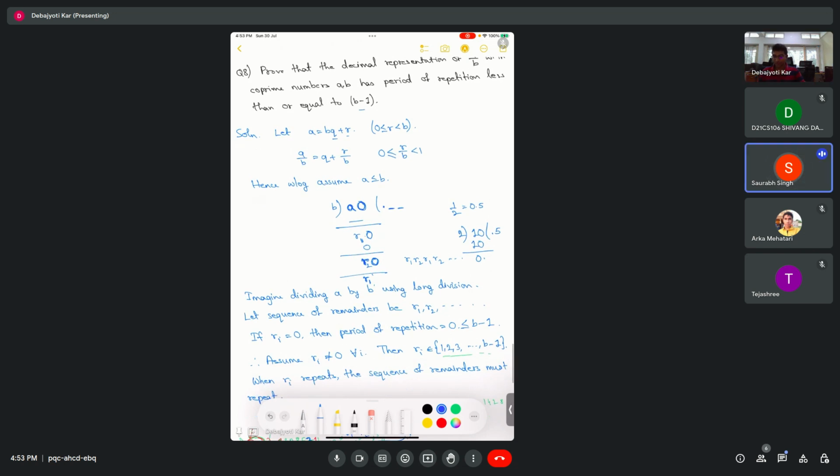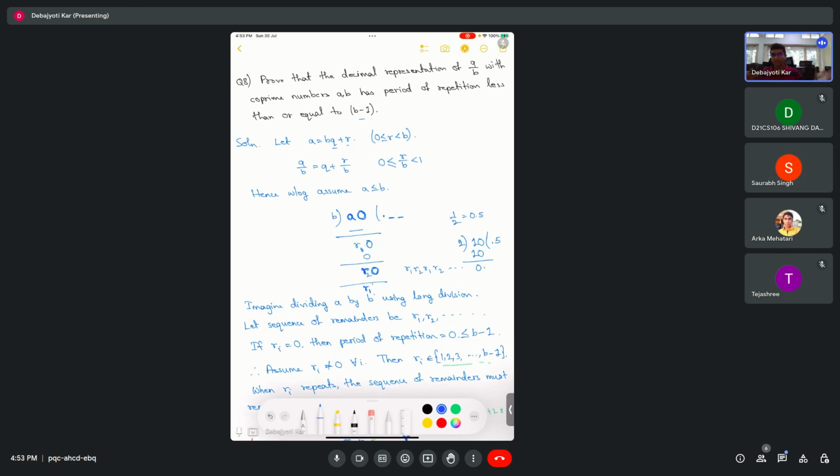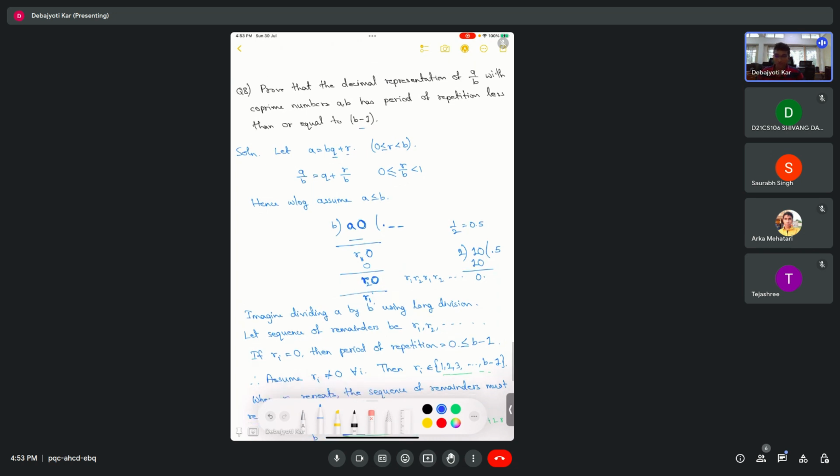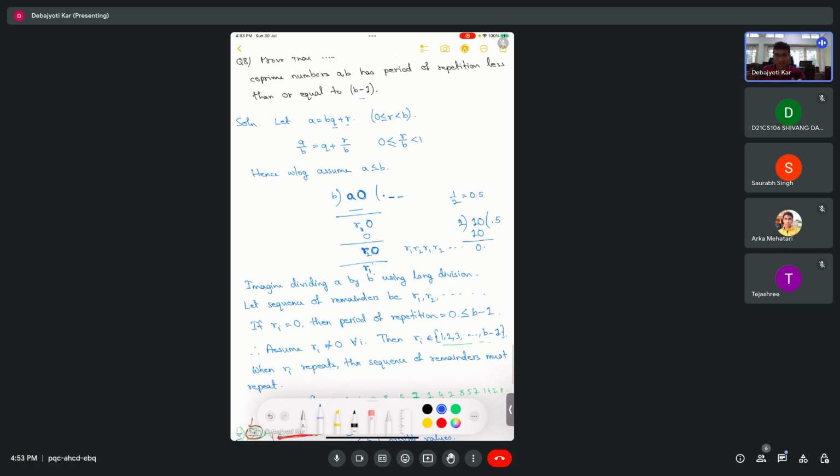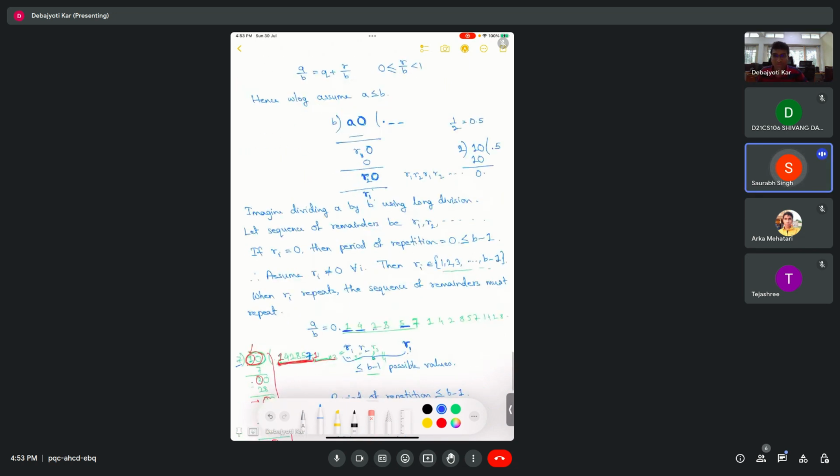For example, 1/7 or 2/14 will give the same repeating sequence. 1/7 and 2/14 is the same thing. So it's okay to consider just GCD 1 without loss of generality. But in the proof, it is not required. What if the GCD is not 1? Will that make a difference?